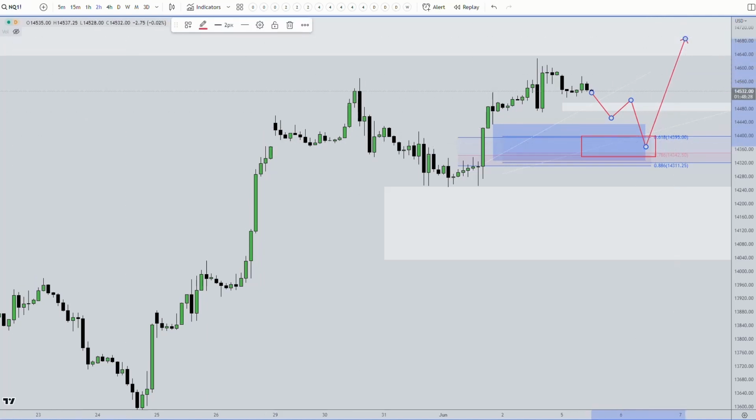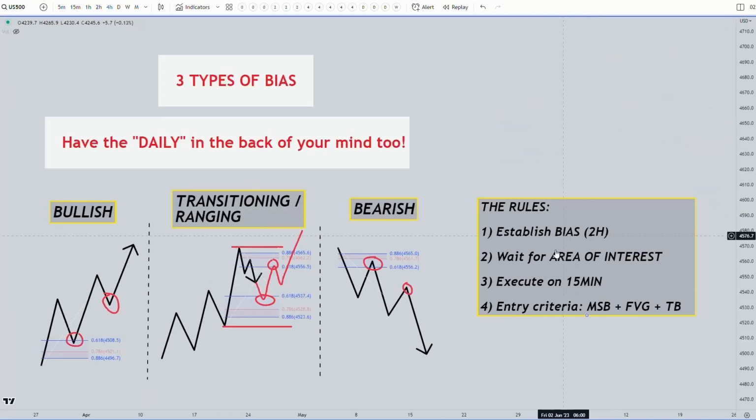Should price make its way down here, you are looking at a potential area that you can then long, going for what? First of all, the liquidity resting above here, and obviously secondly, this area of resistance on the daily chart. However, keep two things in mind. First of all, you want to execute on the 50-minute time frame. You want to wait for your entry criteria to be met.